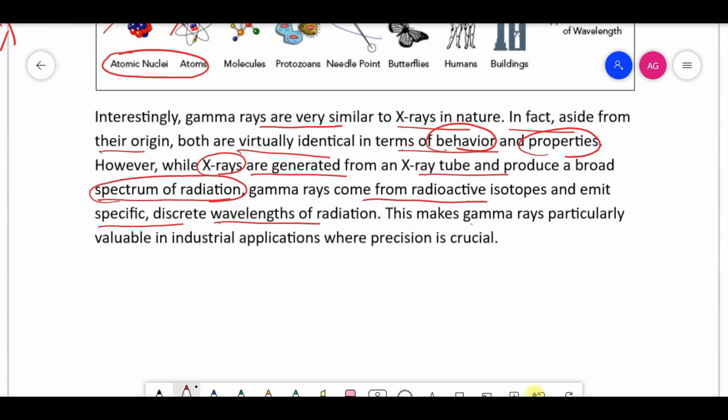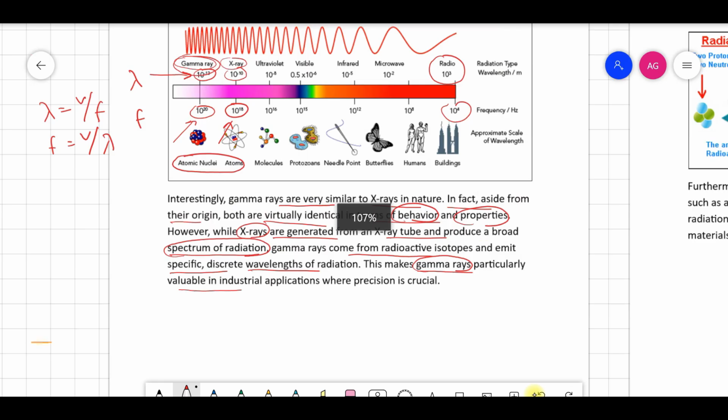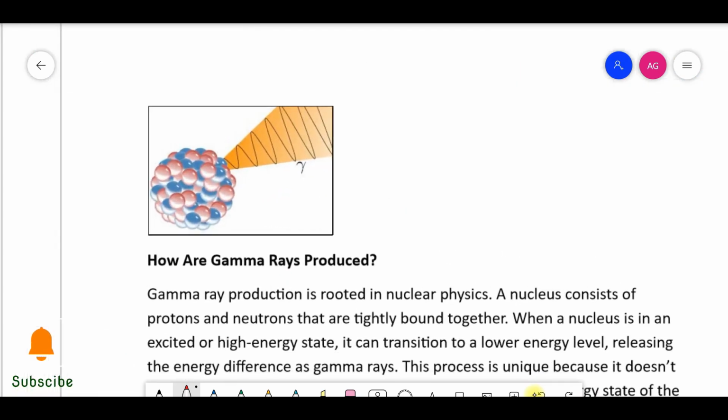This makes gamma rays particularly valuable in industrial applications where precision is crucial. Whenever we need more precision and have to do radiography of particularly heavy thickness, we use gamma rays. So in this way, whenever this process takes place, you get these gamma rays. Apart from this, alpha and beta particles are also obtained.